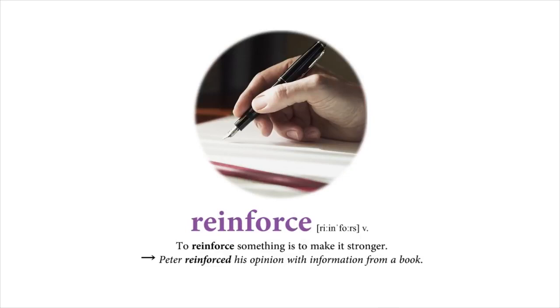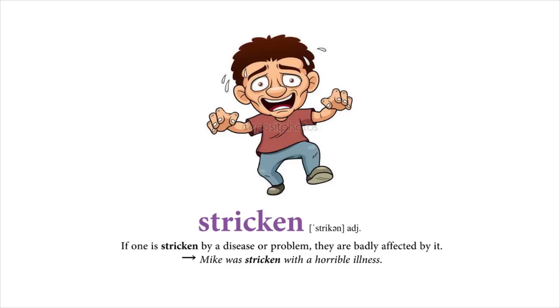Reinforce. To reinforce something is to make it stronger. Peter reinforced his opinion with information from a book. Stricken. If one is stricken by a disease or problem, they are badly affected by it. Mike was stricken with a horrible illness.